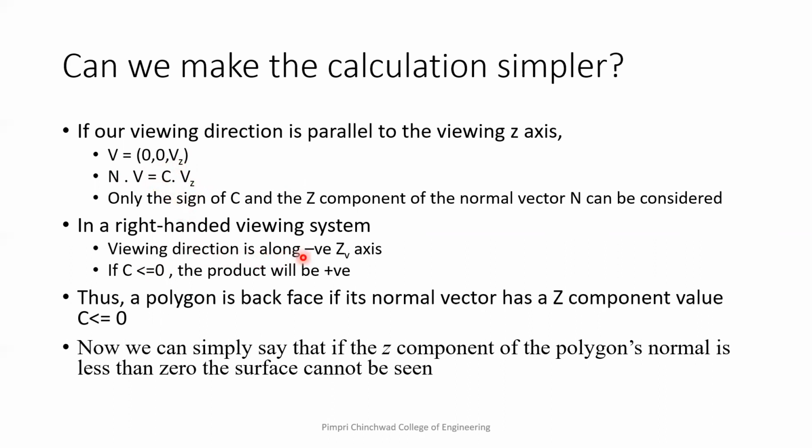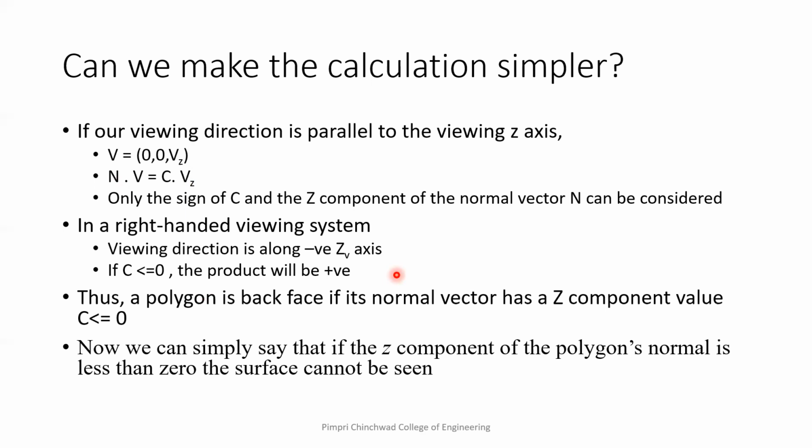Viewing direction is along the negative z-axis, so vz has a negative value. So c also must have a negative value. So if c is less than or equal to 0, the product will be positive, and it is a back face. In a right-handed viewing system, we can say if the c value is less than 0, then it is a back face. Now we can simply say that if the z component of the polygon's normal is less than 0, then that surface cannot be seen.